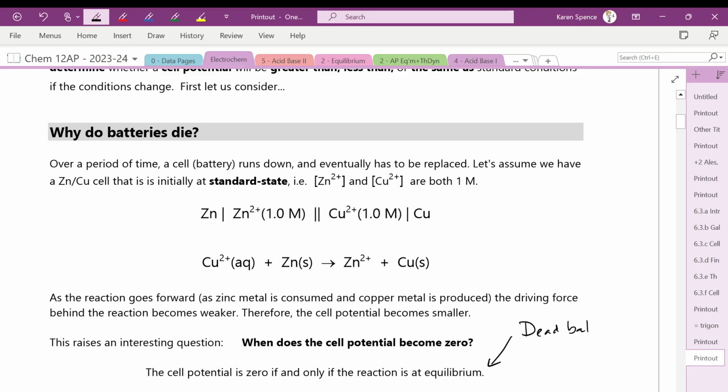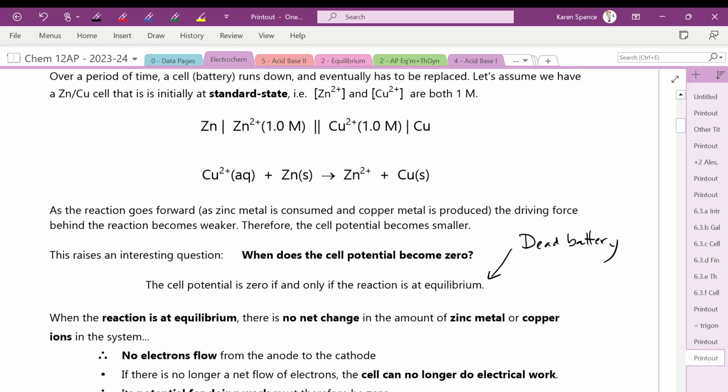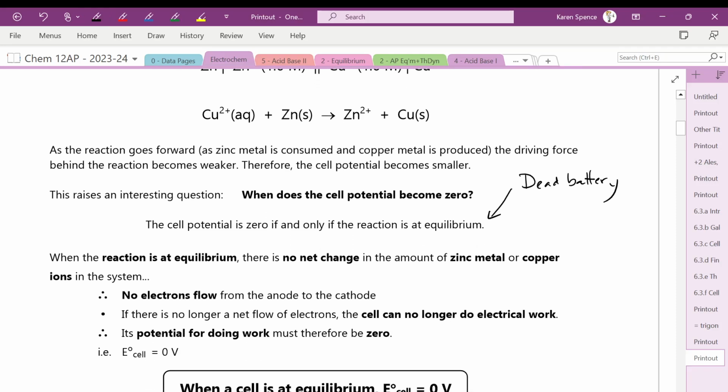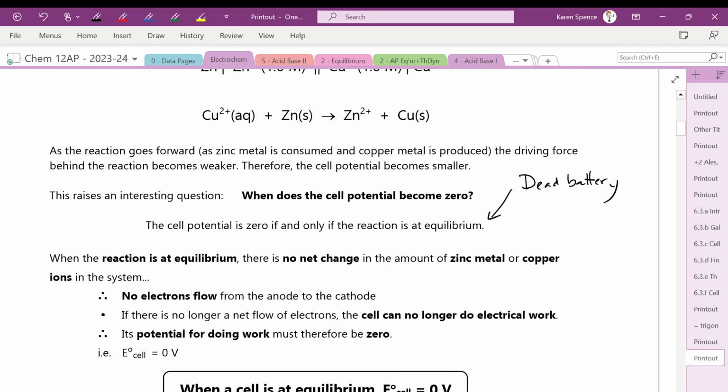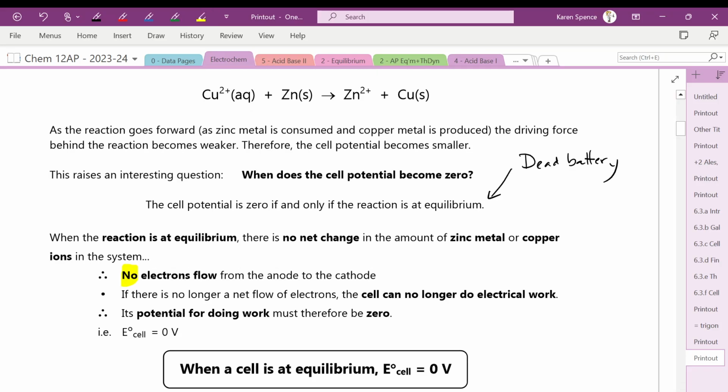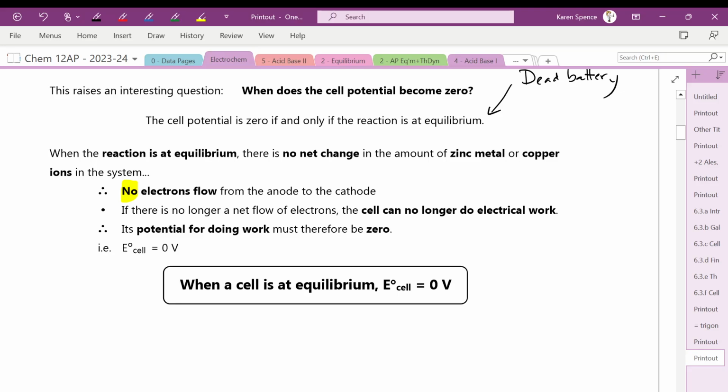Dead battery. So if you got a dead battery, is there any electron flow? No, there's no electron flow. Can the cell do work? No, it's dead. So the potential for doing work is zero, so the E naught of the cell is zero. So when a cell is at equilibrium, E naught of the cell is equal to 0 volts.